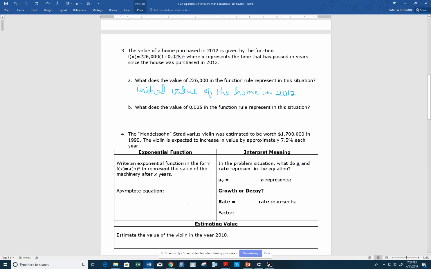And the value of 0.025 in the function, when we look at our equation, it's 1 plus that 0.025. So that tells me that this number right here is our rate. So this is the rate of increase in value.